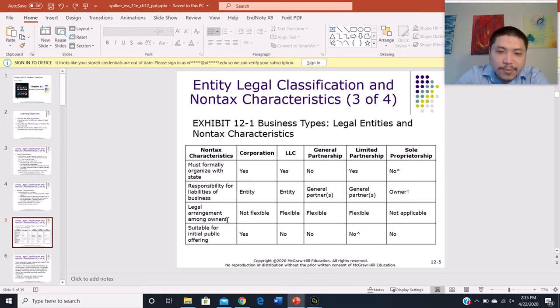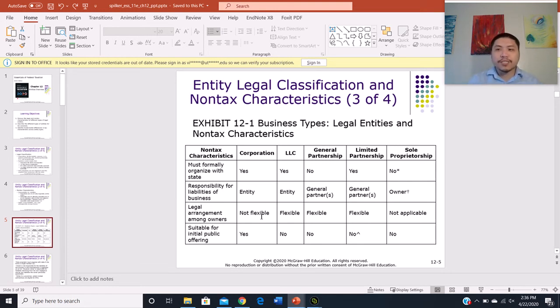And then in terms of legal arrangement among the investors, among the owners, the corporation is the only one that is very restrictive in terms of arrangement. Everything comes with the share, everything is defined in the share that the business owners hold. And the shareholders don't have the luxury of getting involved with the day-to-day operation of the firm, right?